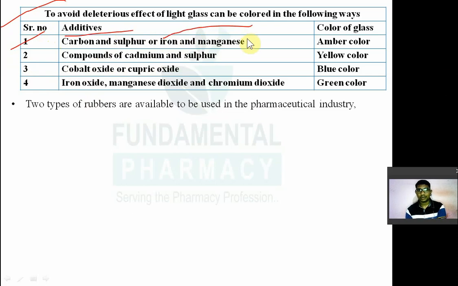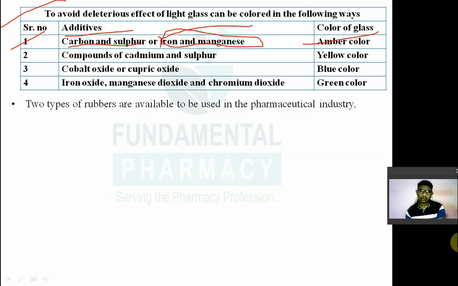They can cause amber colored glass. This amber colored glass is made by addition of sulfur or iron, carbon or sulfur, or iron and manganese. Remember, they will impart amber color to the glass.